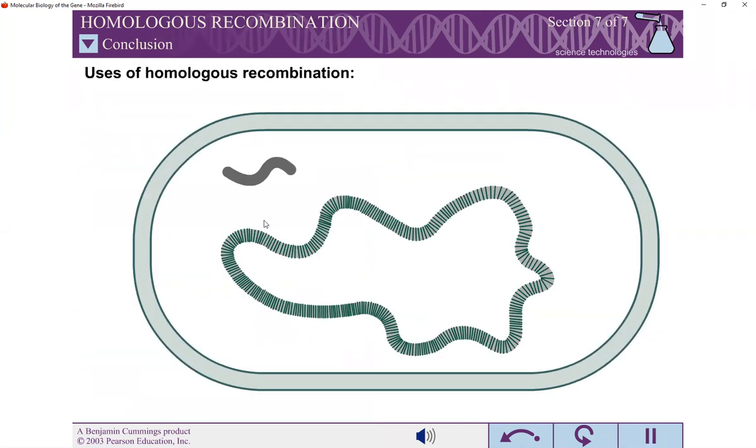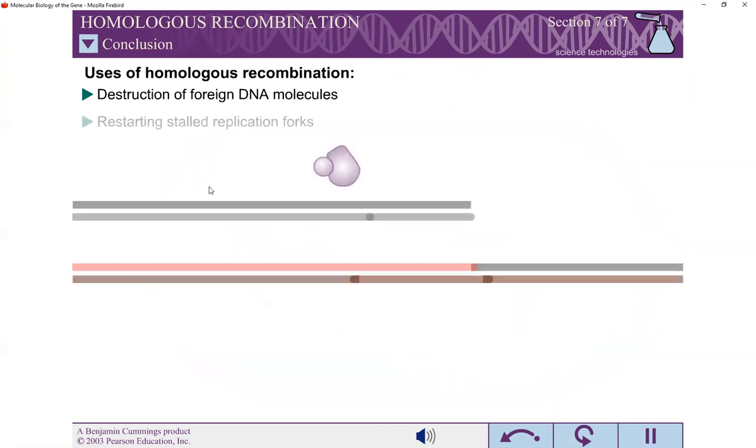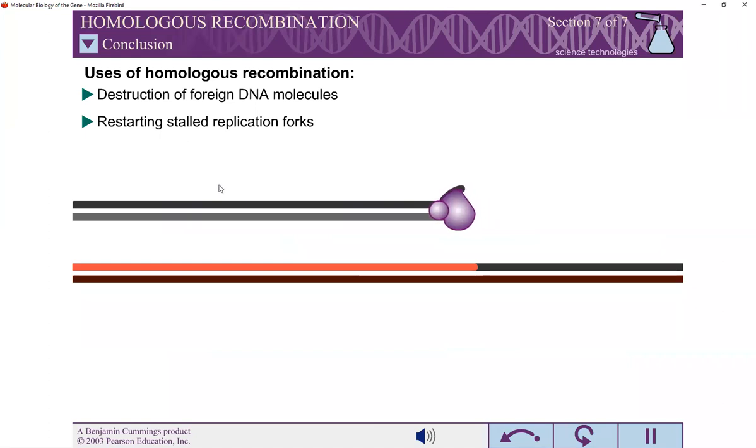The double-strand break repair model is used by both prokaryotes and eukaryotes to exchange genetic information. This pathway can be used in several different cellular processes. For example, E. coli can use RecBCD to destroy foreign DNA molecules. Organisms can also use homologous recombination to restart stalled replication forks.